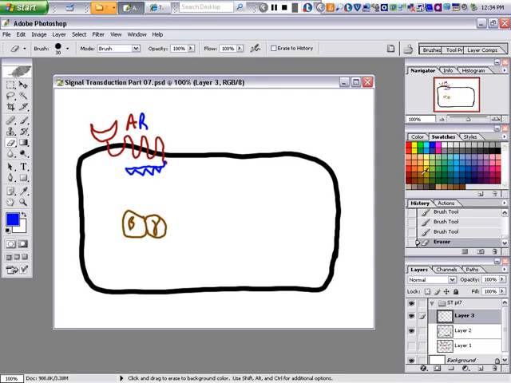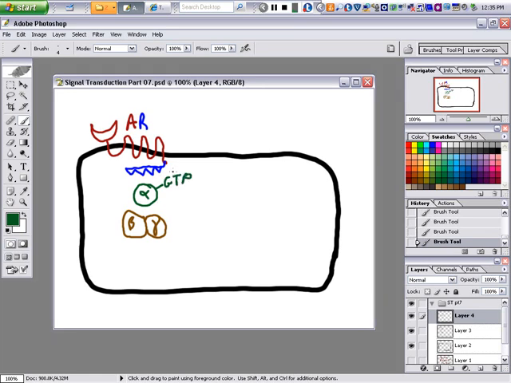I want to put mine on different layers. You all don't have to do this. I want to make alpha a different color. And so here is my alpha, and it has GTP. Also on G alpha, there are these scissors that clip the GTP to make GDP.